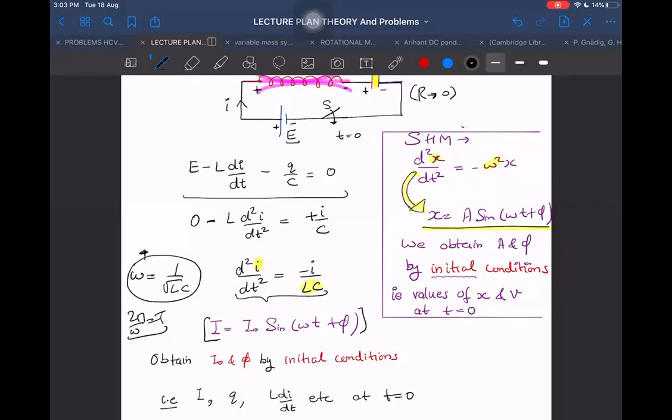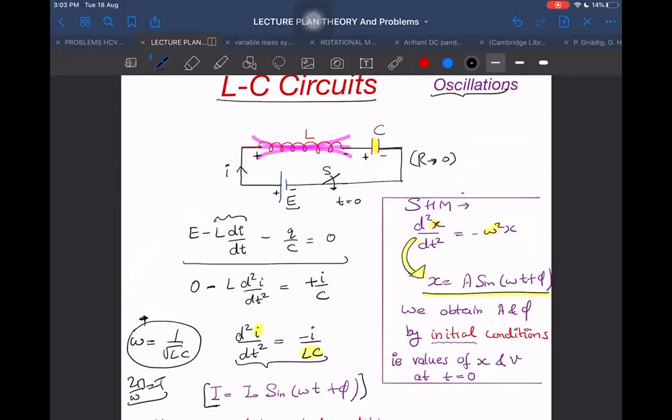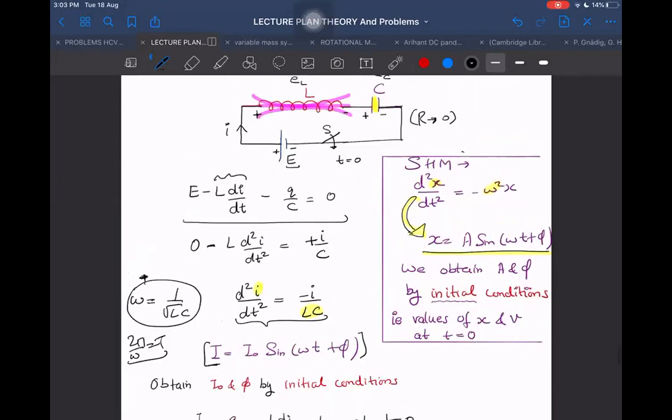All these are SHMs. Similarly, when I is executing SHM, then L into di by dt, the EMF across the inductor, will also be SHM. And the EMF across the capacitor is equal to Q by C, so the voltage across the capacitor is also SHM.